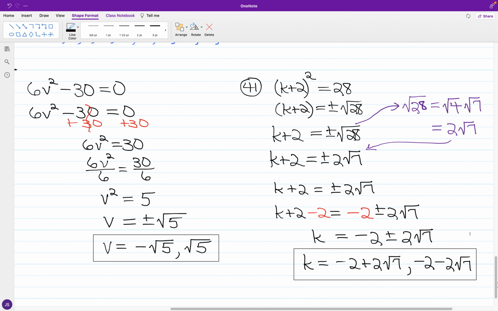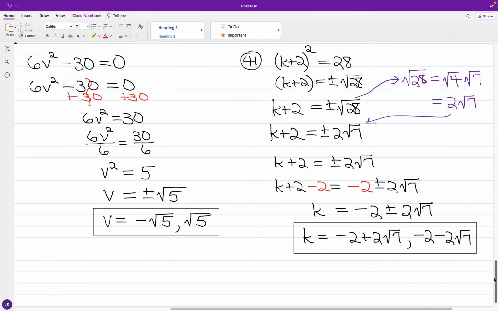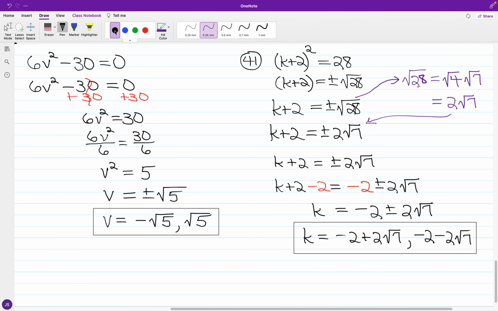And there will be other approaches we will have regarding solving quadratic equations.